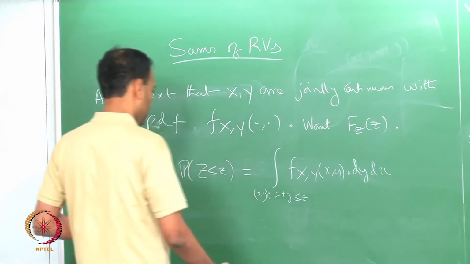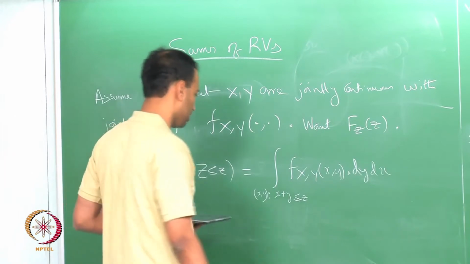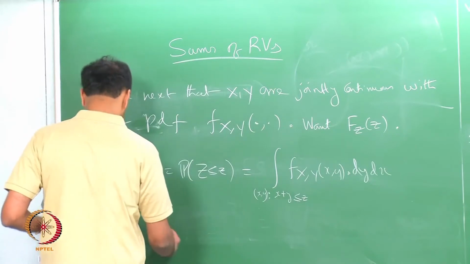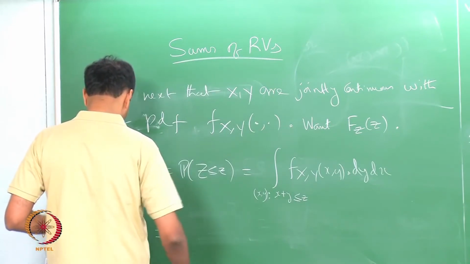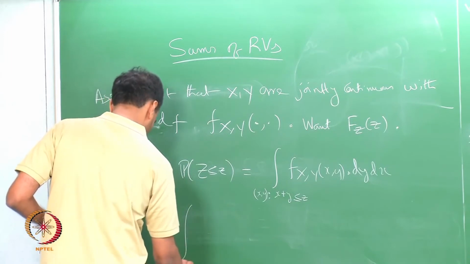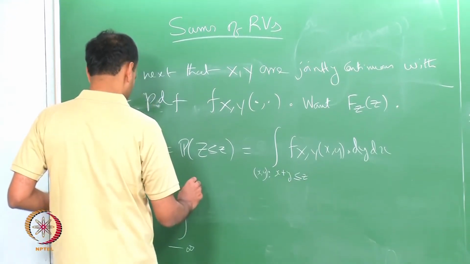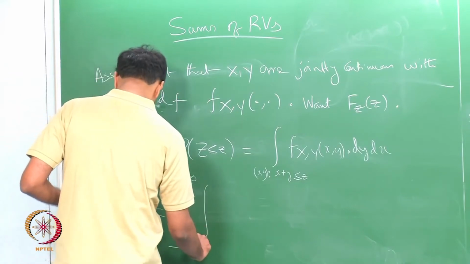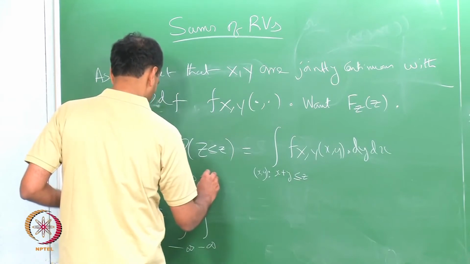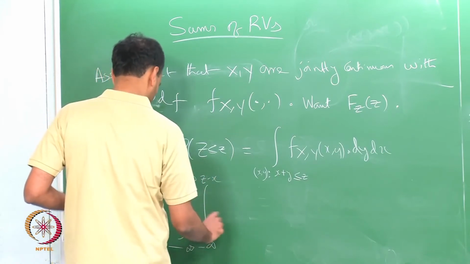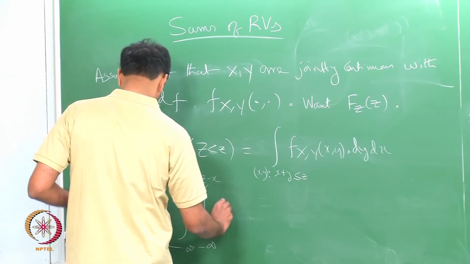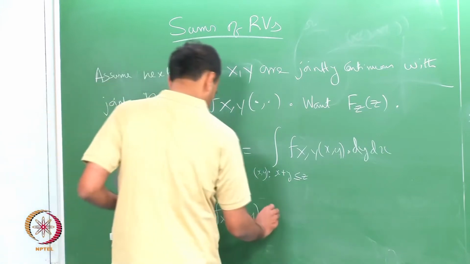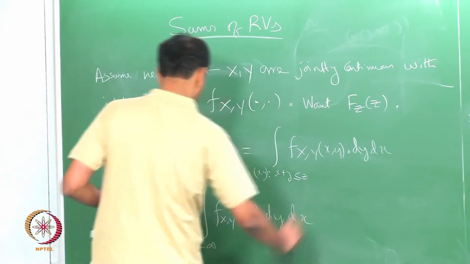Now, if you write this as a double integral on R2, this will become the integral from minus infinity to infinity, integral from minus infinity to z minus x, of f x y of x, y, dy dx.